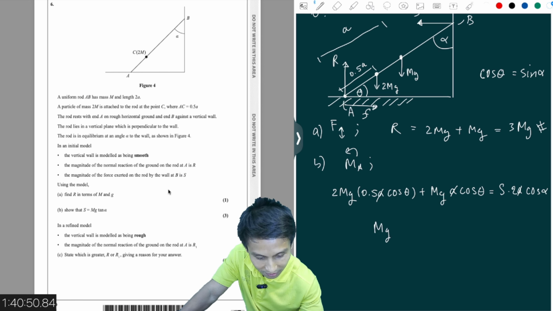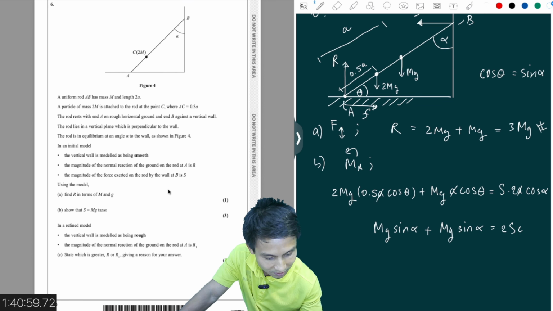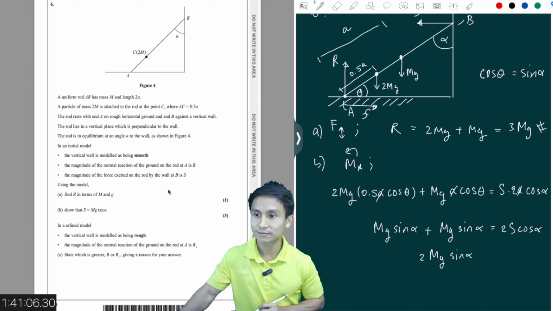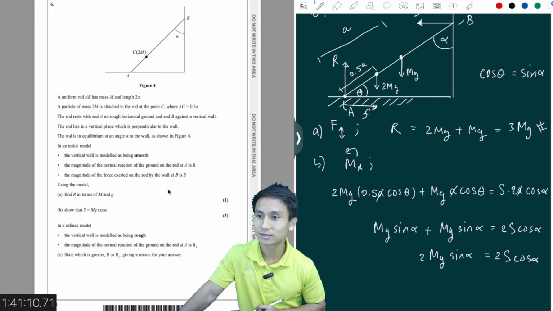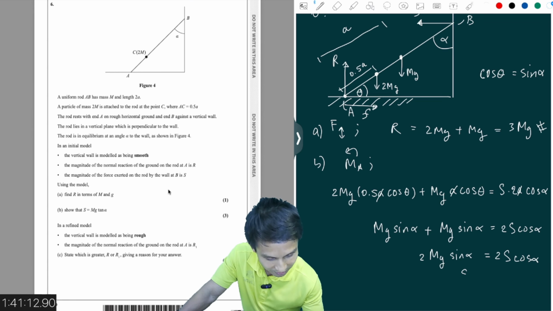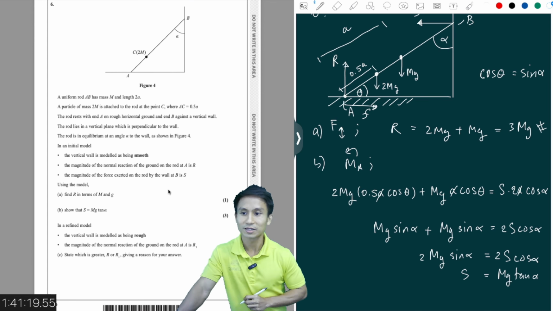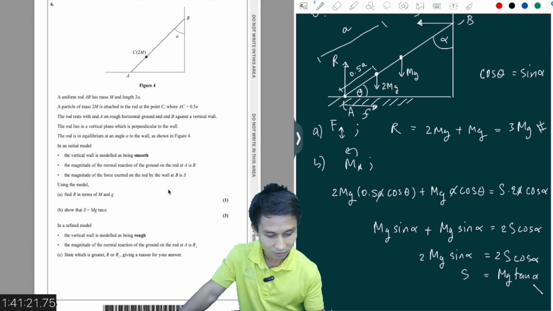So that's mg cos theta, which is mg sine alpha, equals 2S cos alpha. So 2mg sine alpha equals 2S cos alpha. The 2s cancel, and we get S equals mg tan alpha, because you divide by cos alpha on both sides. That's it.